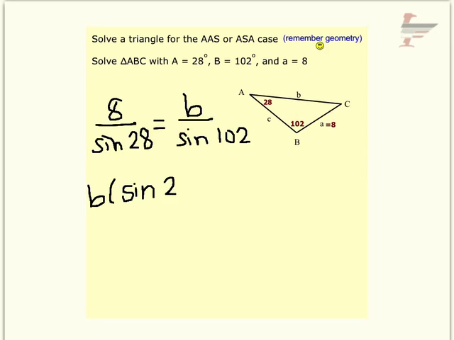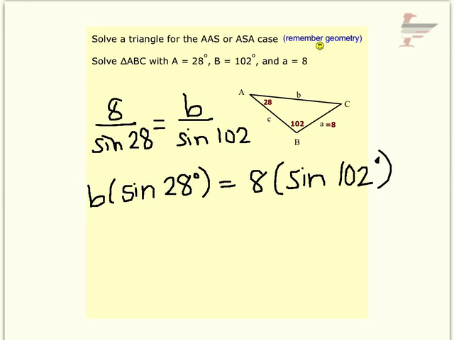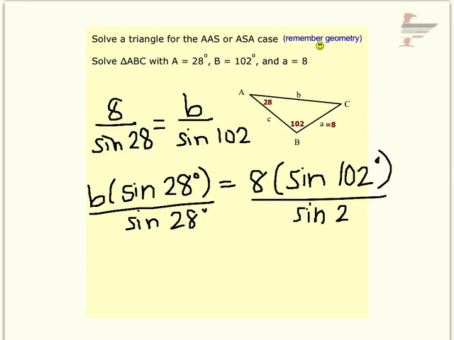You'd want to make sure your calculator is in degrees, obviously, and from there I could divide both sides by the sine of 28 degrees to get side B, and I would obviously put this in my calculator to get B. So B equals 16.7.